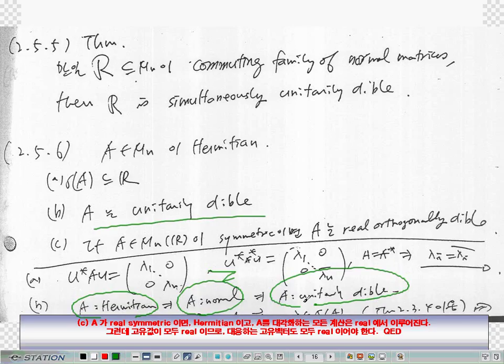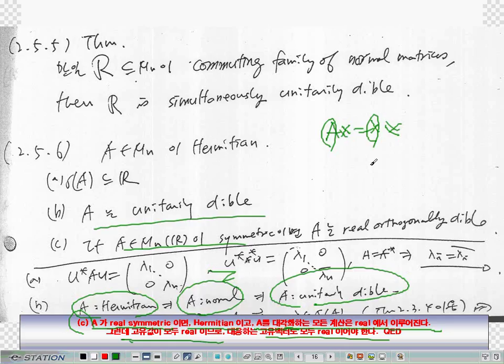And part C. If A is real symmetric, it is Hermitian. So every calculation that diagonalizes that real symmetric matrix is done with real entries. All eigenvalues are real, so all eigenvectors should be real too. Ax is equal to lambda x here. This is a real matrix, and all the eigenvalues are real.